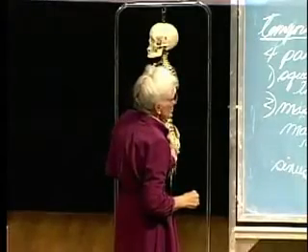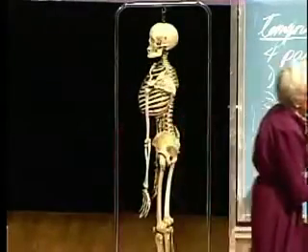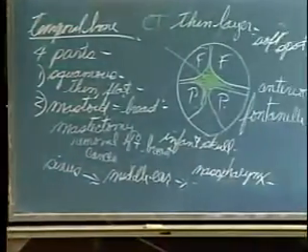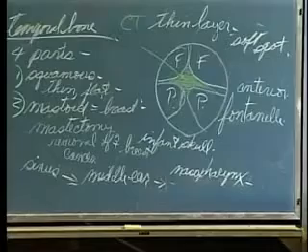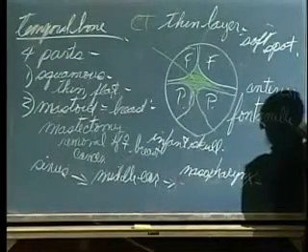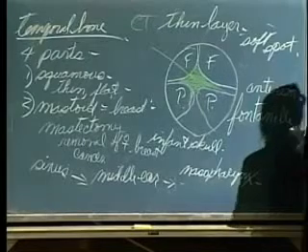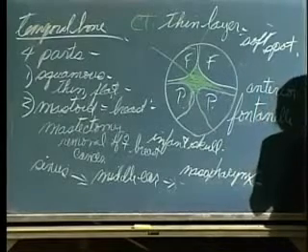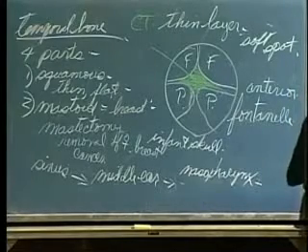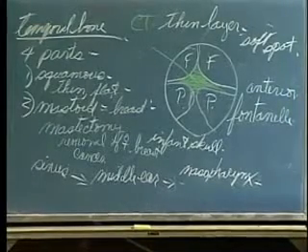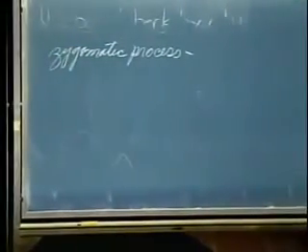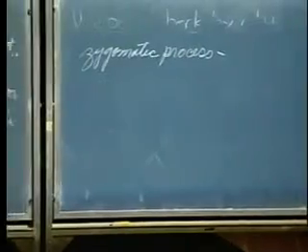All right, what other part do we have of the temporal bone? We have the zygomatic process. Zygomatic process. It's a lot of word to just mean bar. So we'll say that this is the posterior portion of your cheekbone.